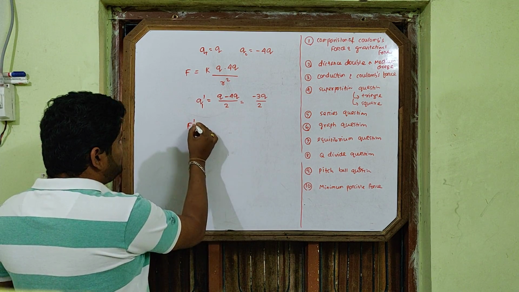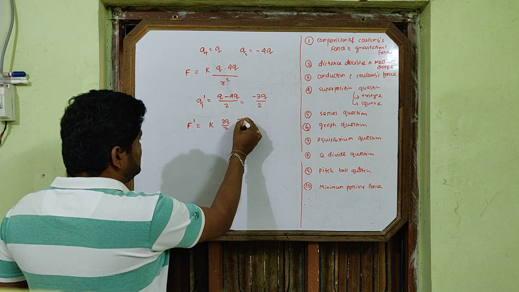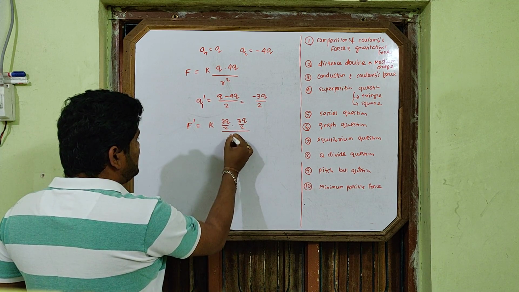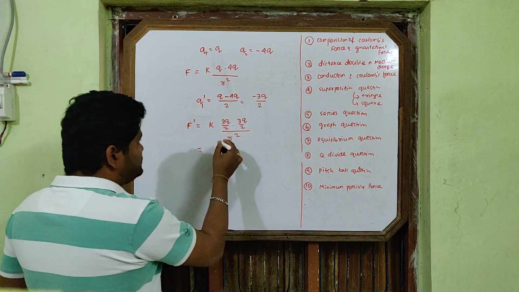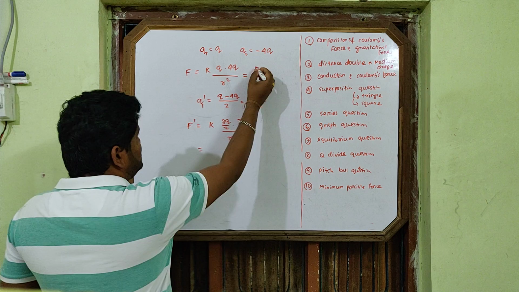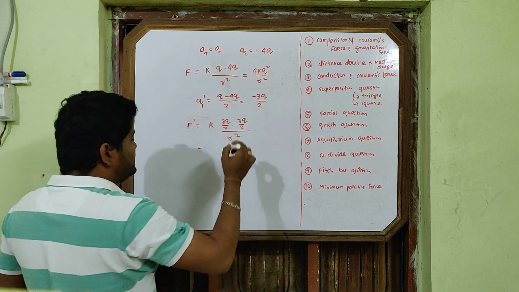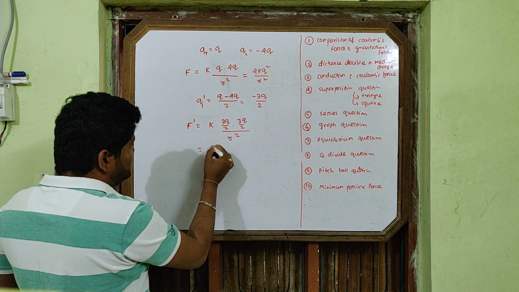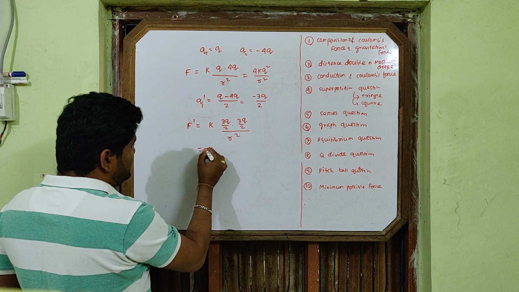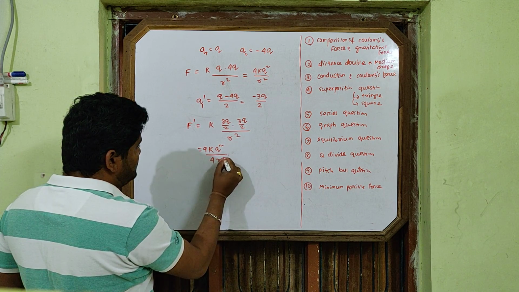So what is the new force now? K times (3Q by 2) squared by r square. Here we can do this calculation: the original force is 4K Q square by r square, and the new force F dash is 9K Q square by 4 r square.